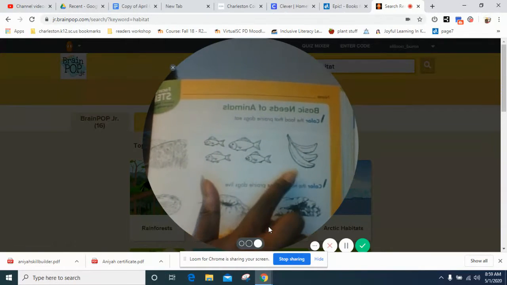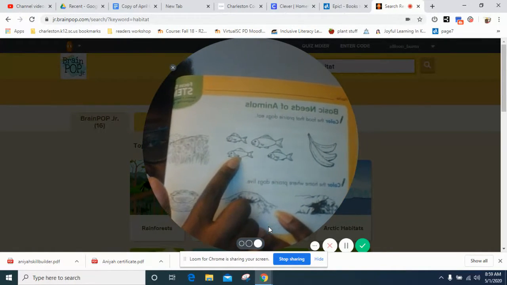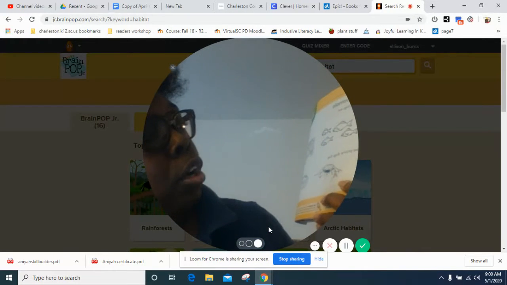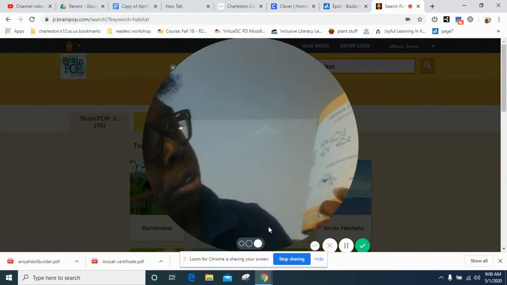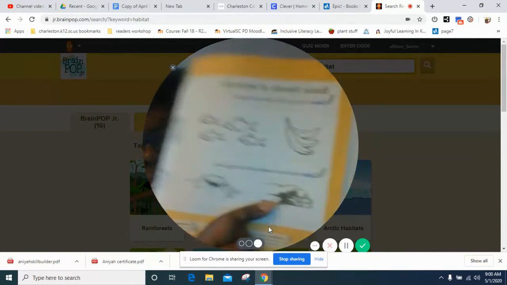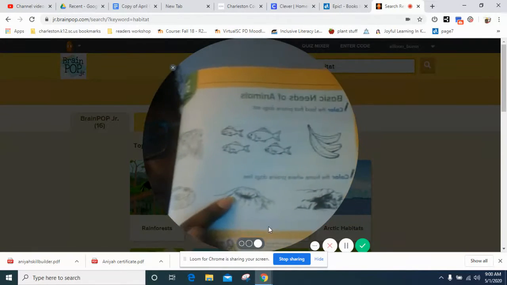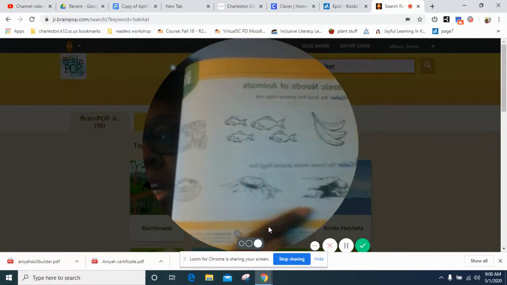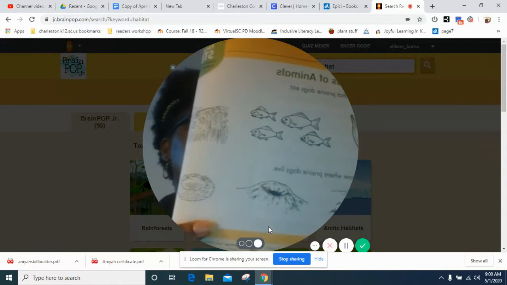Do they eat bananas? Do they eat fish? Do they eat grasses? Yes. Color the home where prairie dogs live. And so here we have, what is that? Looks like a rock. Here's a burrow. And here's a nest. Where does a prairie dog live?